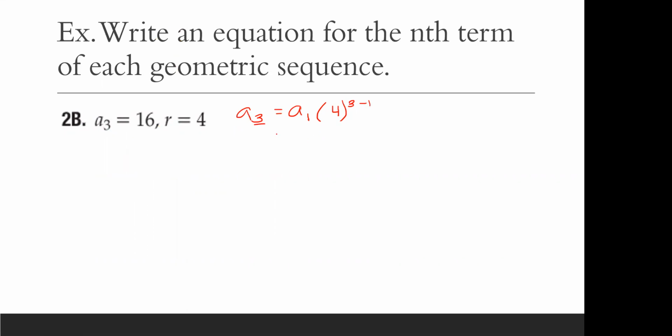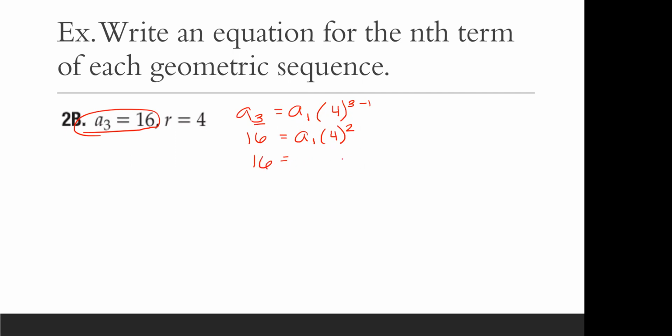We know a sub 3 is equal to 16, so I'm going to replace that with 16 equals a sub 1 times 4 to the power of 2. I'm doing this so that I can get the first term, because I'm not given the first term here, but I need it to write my equation.